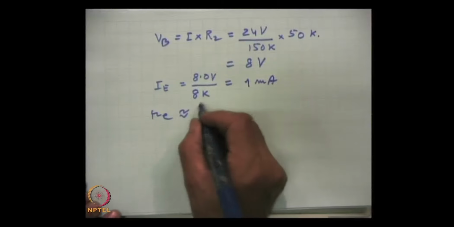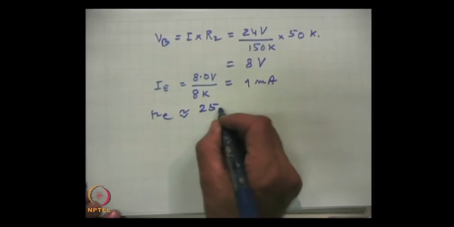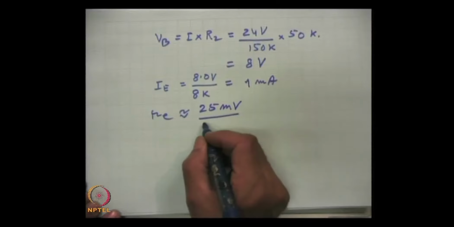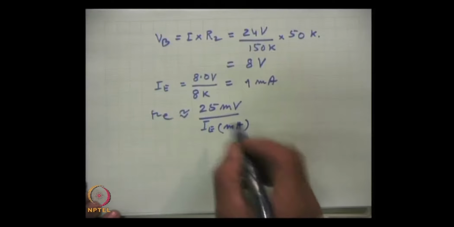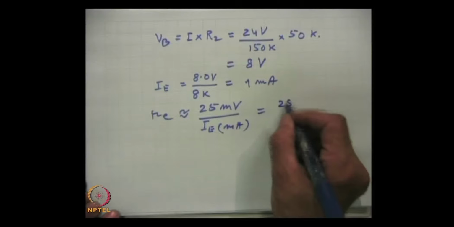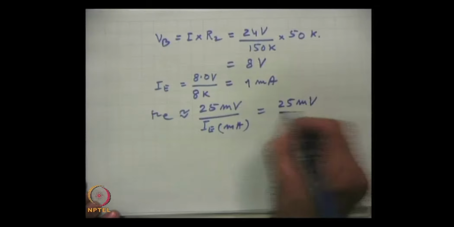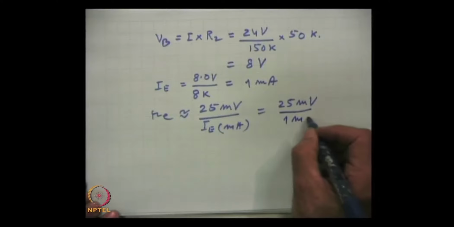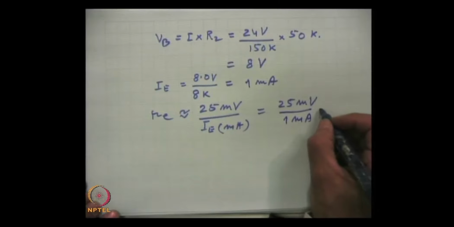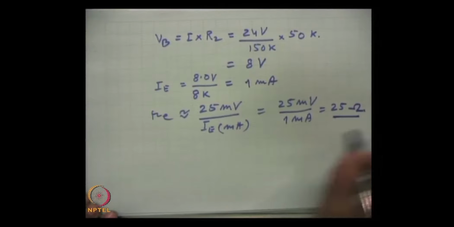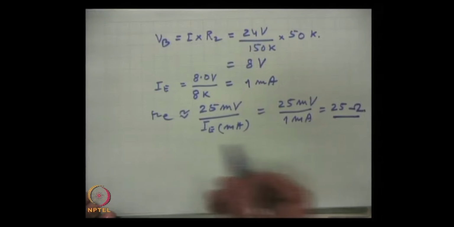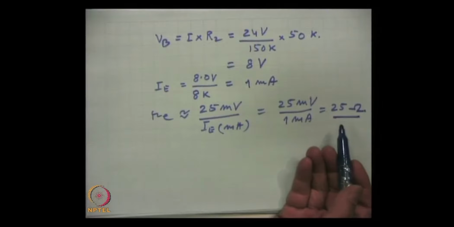And then R e prime is very close to 25 millivolts by I e in milliamperes, which is 1. So, 25 millivolts by 1 milliampere, this is 25 ohms, and if we take the exact expression, then it will be 26 ohms.